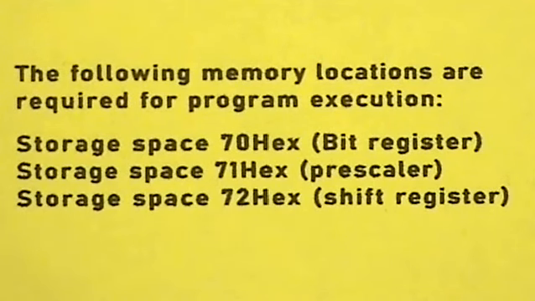To run this subprogram, I used three 8-bit memory locations from the RAM area: a memory location that acts as a bit register, a memory location that acts as a prescaler, and a memory location that is used as a shift register. I use the prescaler because without it the running speed of the running light would just be too fast for me.